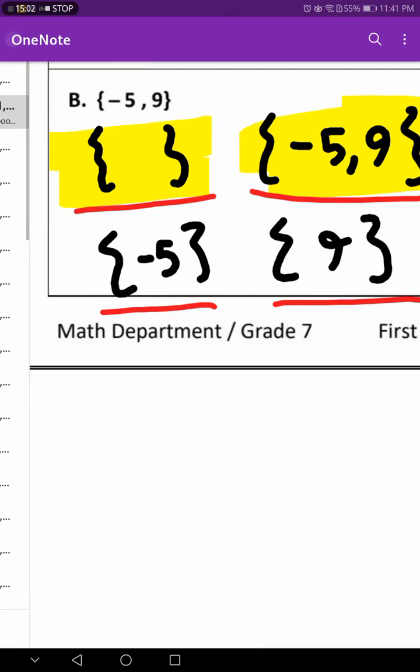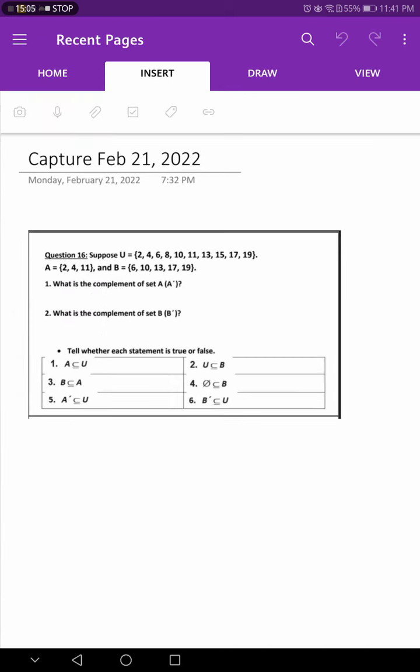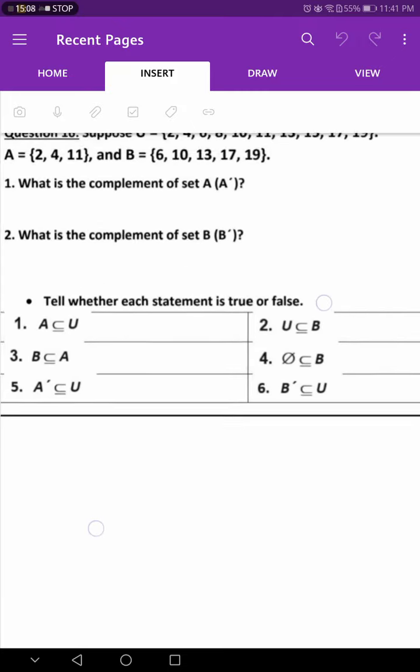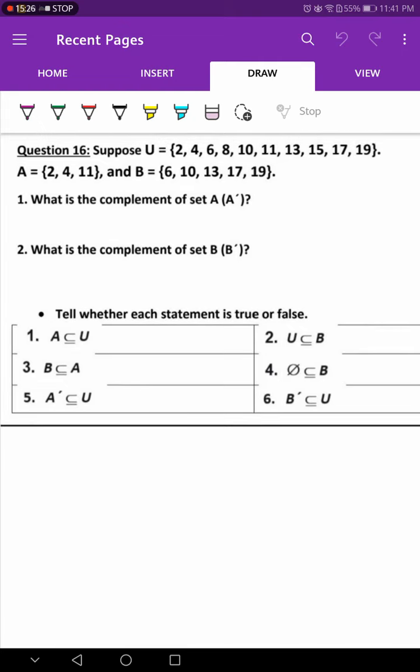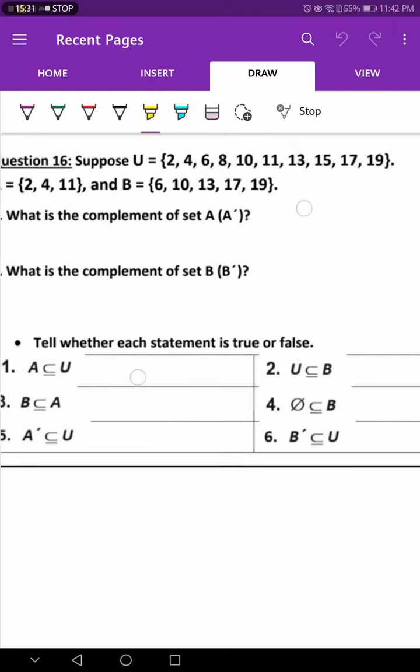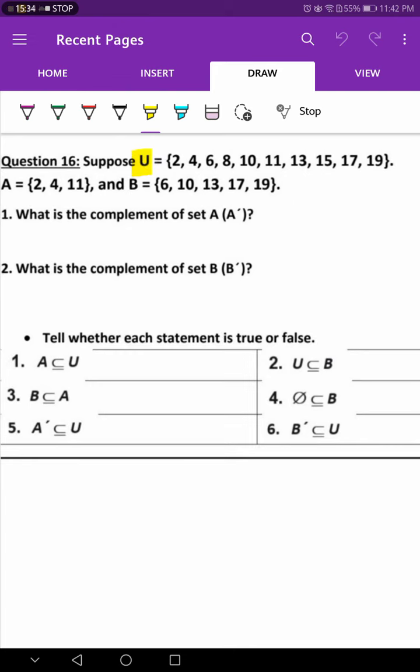Now let us move to question number 16, and we will revise the meaning of the complement and learn how we find the complement. First of all, let me read the question. Suppose U has these elements: 2, 4, 6, 8, 10, 11, 13, 15, 17, 19.